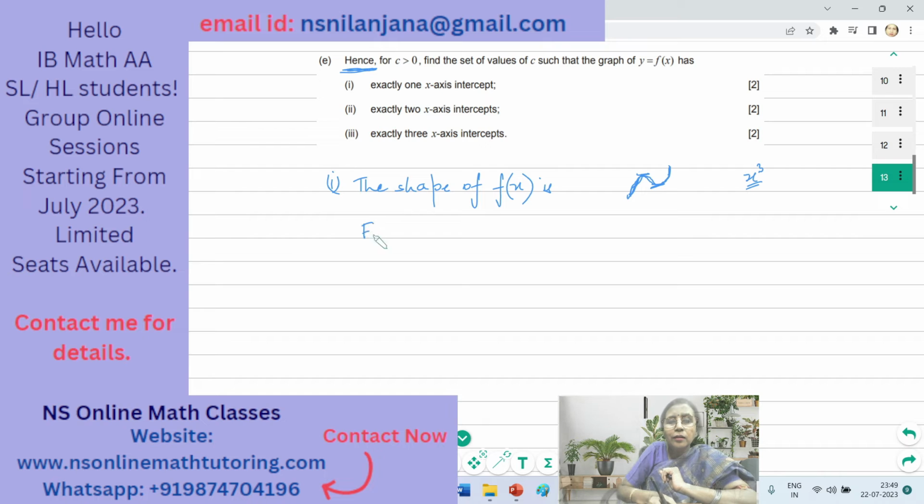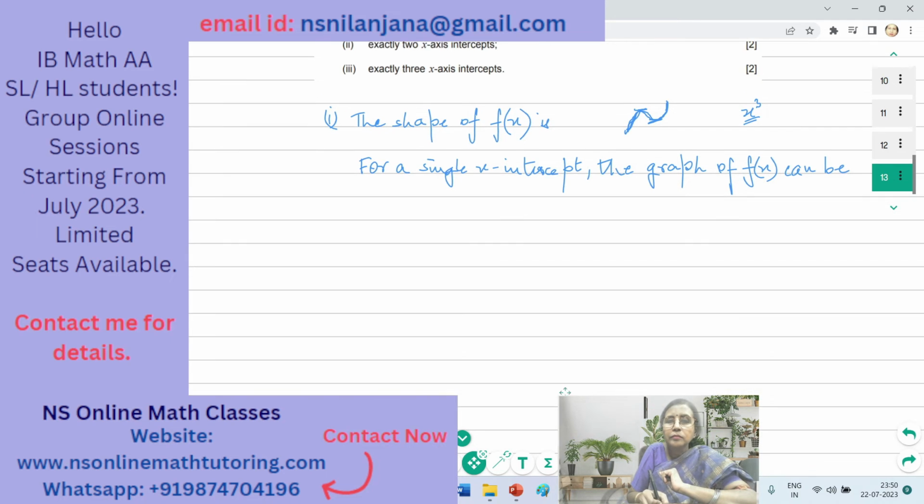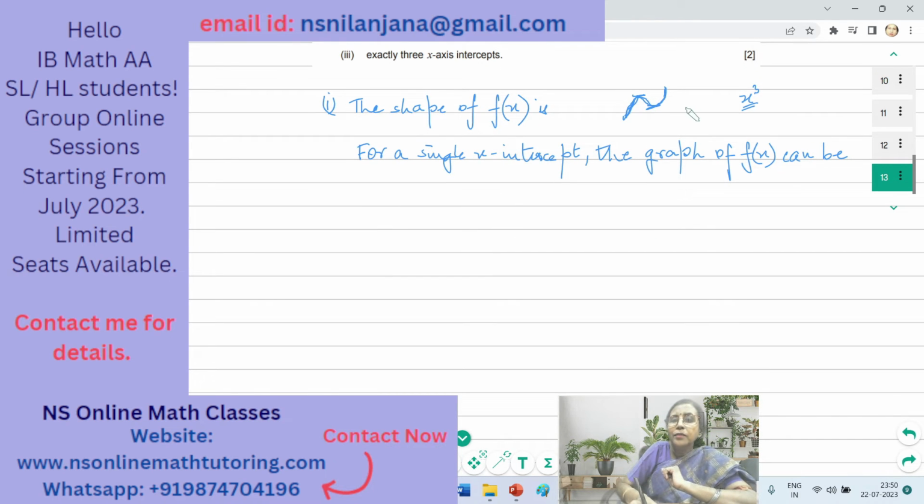For a single x-intercept, the graph of f of x can be, let me write, for c greater than 0.